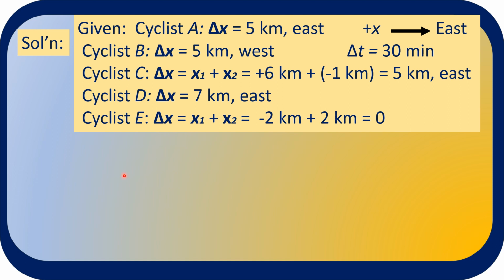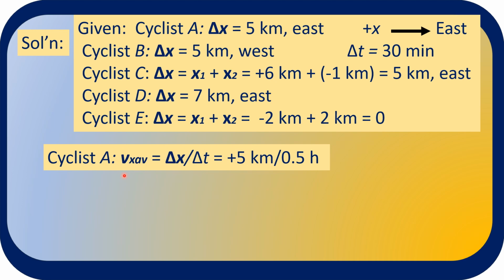So we first have the average x velocity for each cyclist, starting with cyclist A. Average x velocity is just determined by dividing the total displacement delta x by the time elapsed delta t.